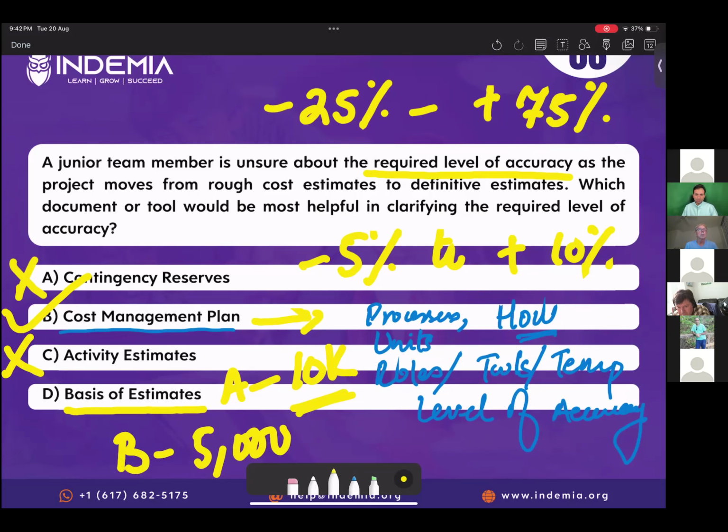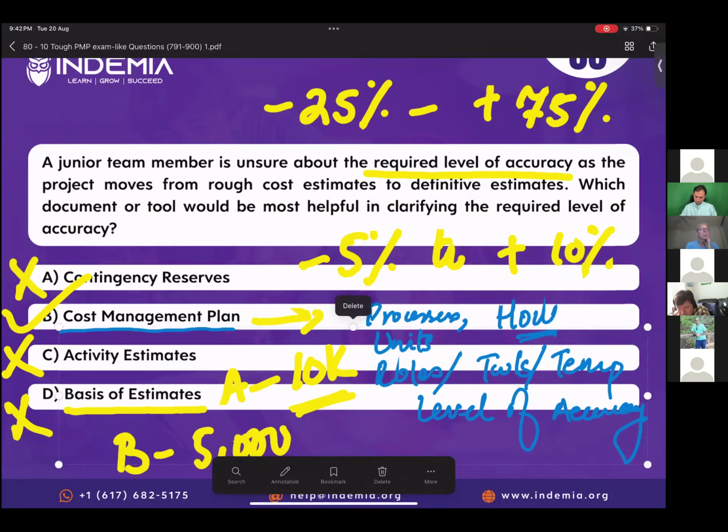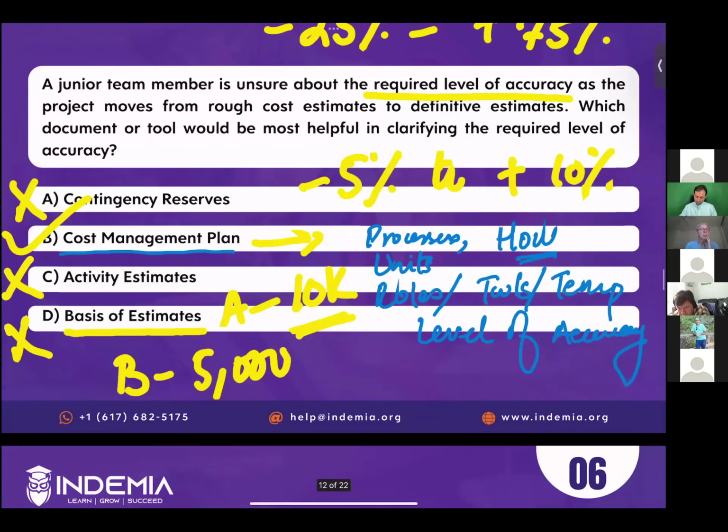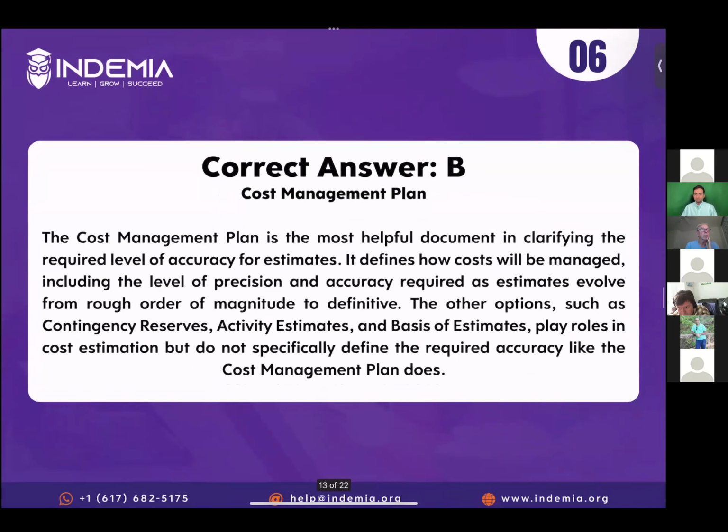I say current prices, inflation, and transportation costs. So it justifies your estimate, but it doesn't tell you the required level of accuracy, right? So the correct answer is option B. Let's read the explanation. Next question.